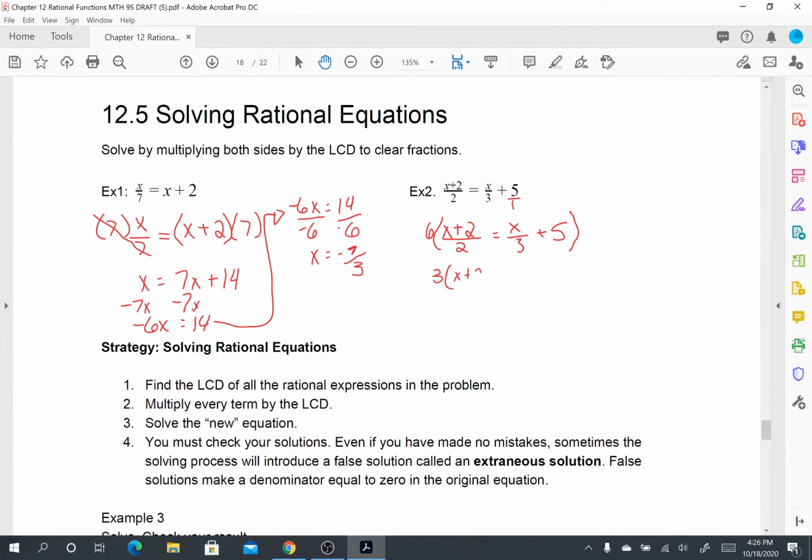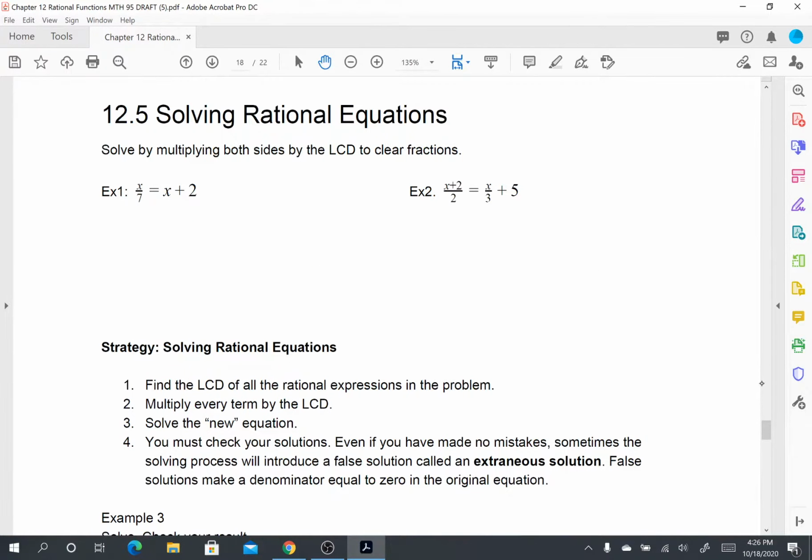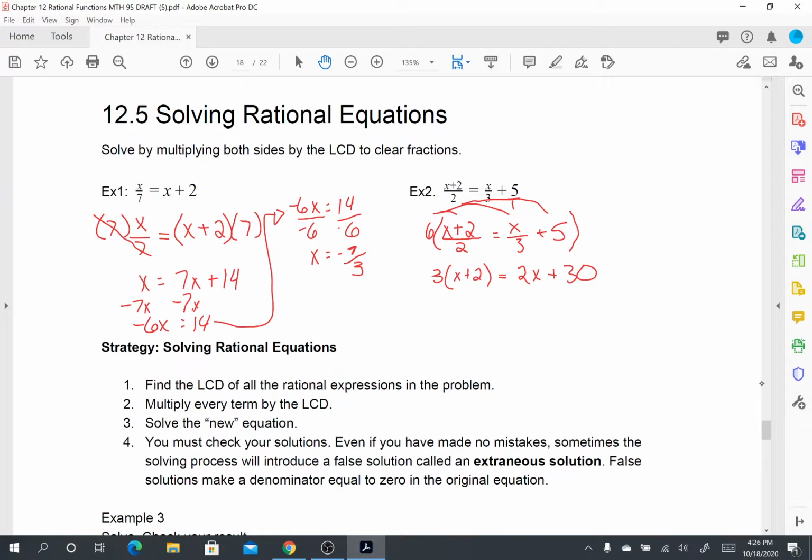X plus 2 equals, and I'm going to multiply this next part of the equation by 6, and I would get 6 over 3 or 2x, and then multiply that last one by 6. Now I've got 30. Okay, that wasn't too bad. Now we don't have fractions anymore.